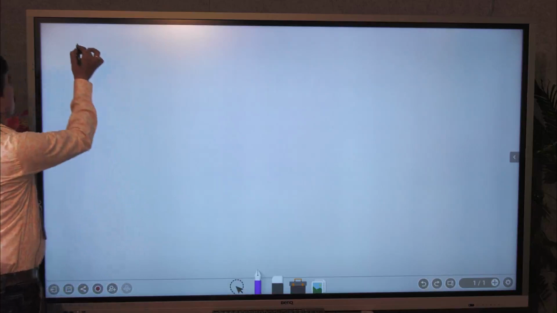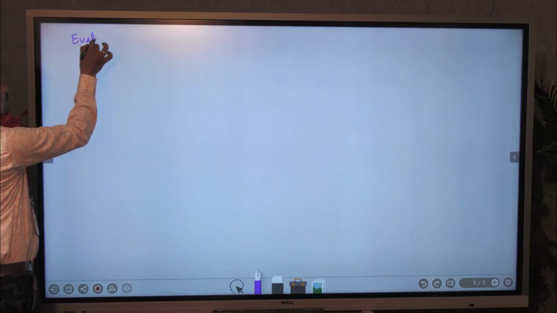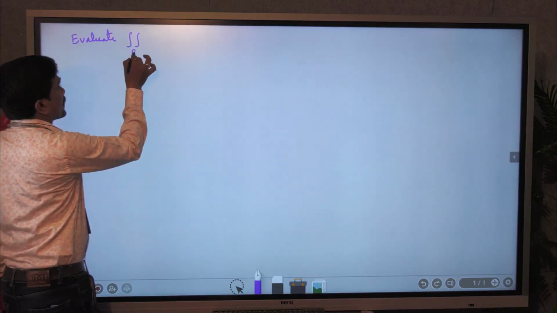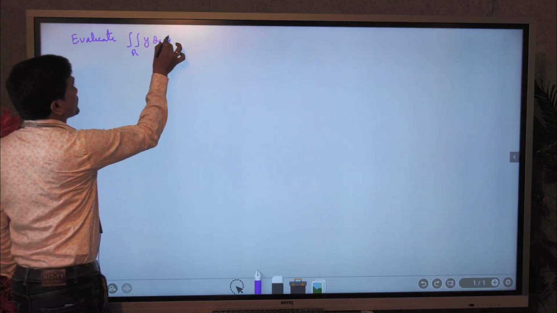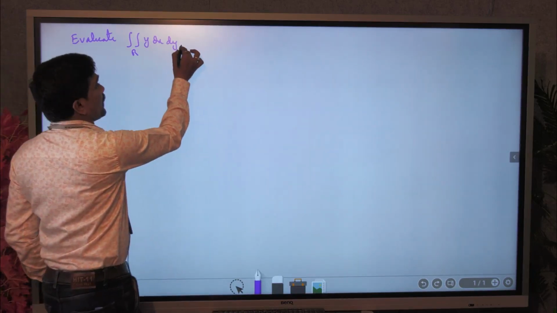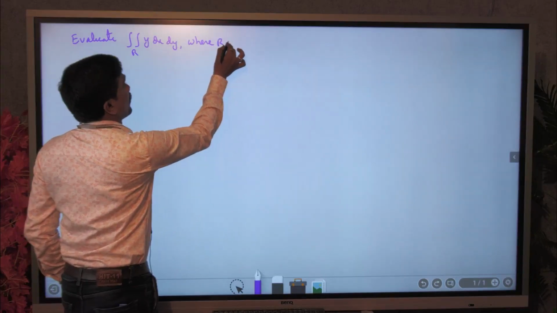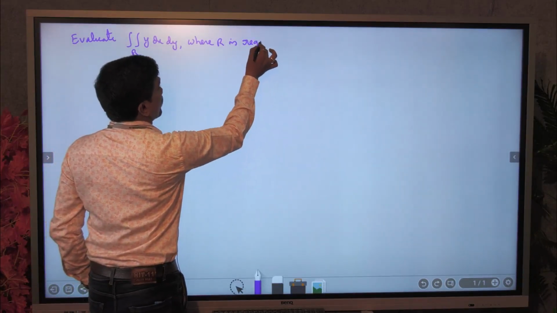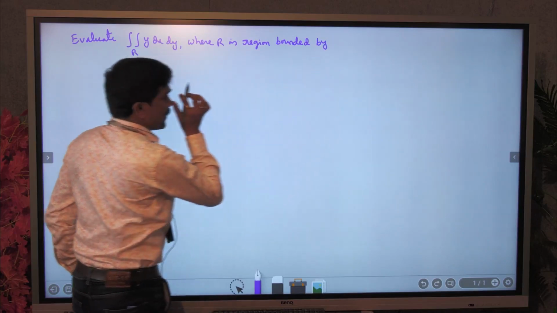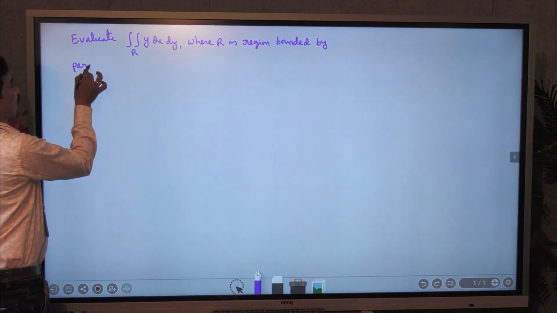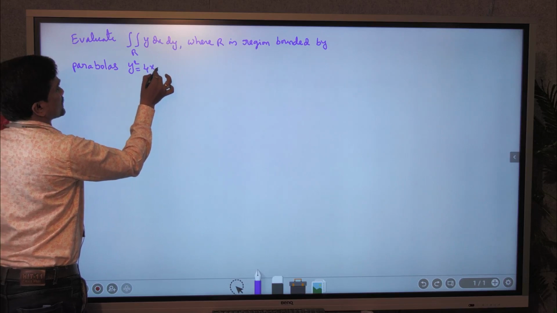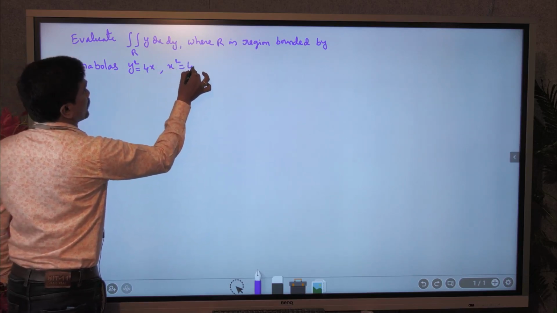So first of all, here the problem is: evaluate double integral over R of y dx dy, where R is the region bounded by parabolas, so y square is equal to 4x and x square is equal to 4y.